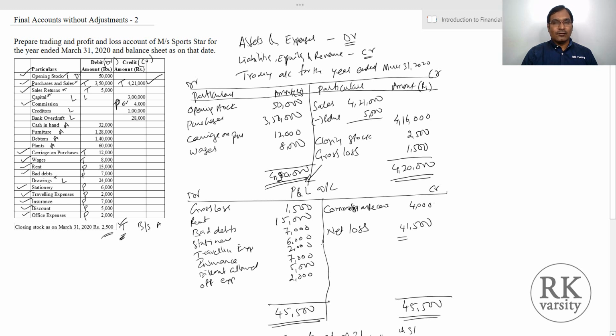But if you follow the systematic procedure which I am showing you here, you can minimize your errors. If not the first time, by the second try you will be able to tally your balance sheet and get the accurate gross profit or gross loss and accurate net profit or net loss.